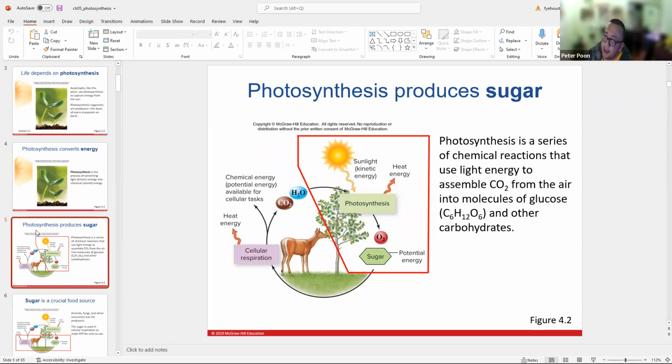We take carbon dioxide and water and combine it with the solar energy from sunlight, so kinetic energy, and we store the energy into sugar, the potential energy of sugar. And as a waste product, we get oxygen.